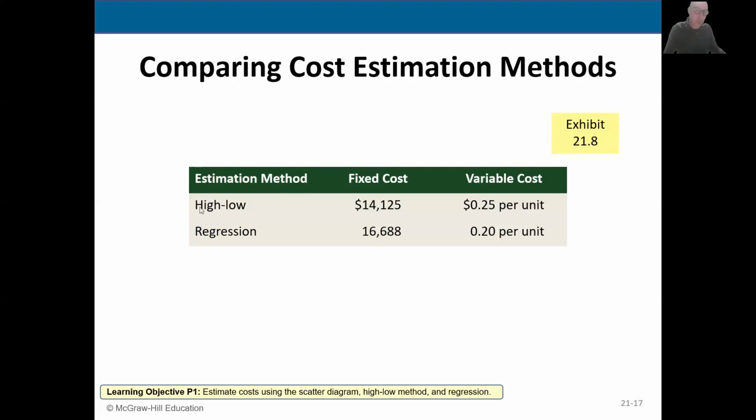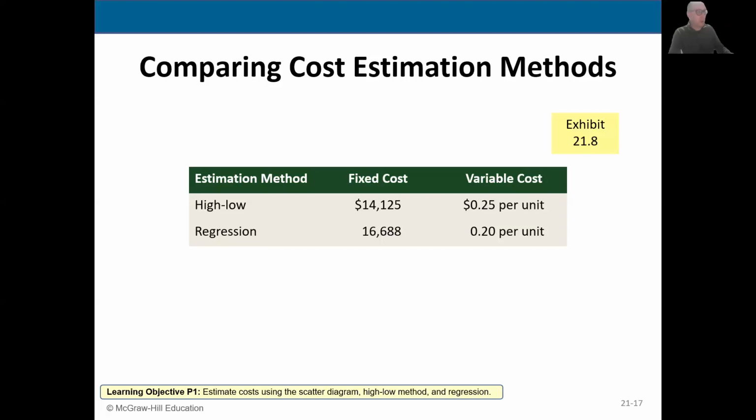Here we see a comparison of the high-low method compared to regression analysis. The reason this comparison is important is because you can see that based off the same data, using two different methods, fixed costs are slightly different, and variable costs are also slightly different.